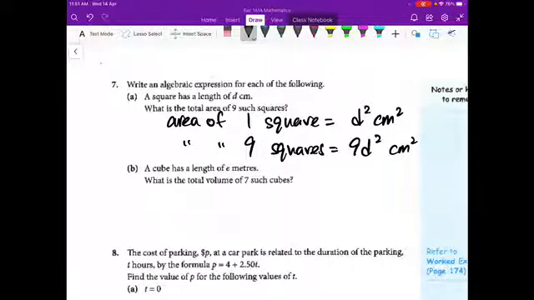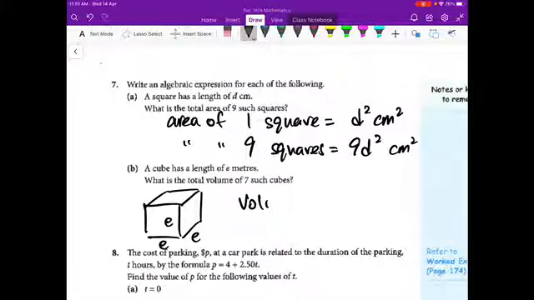Okay, so you did this already, right? 9d square. Okay. E meter square is here. Okay, what is the volume of 1 cube? E cube, meters cube.